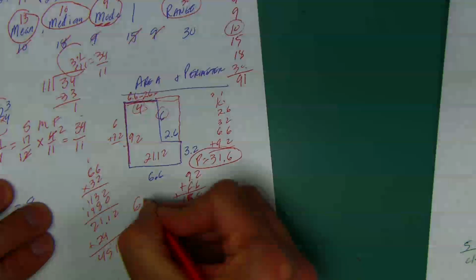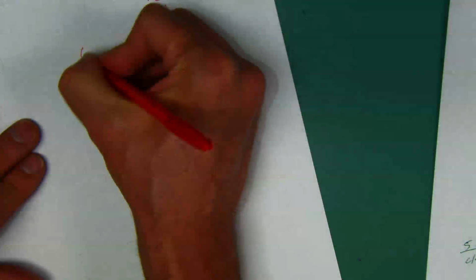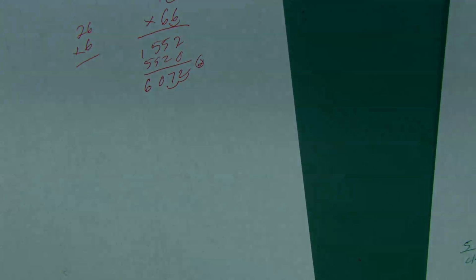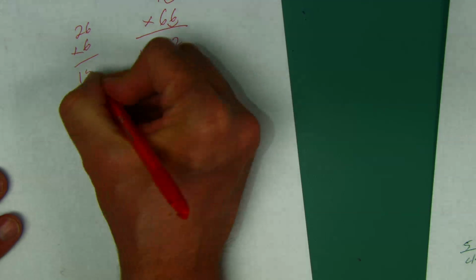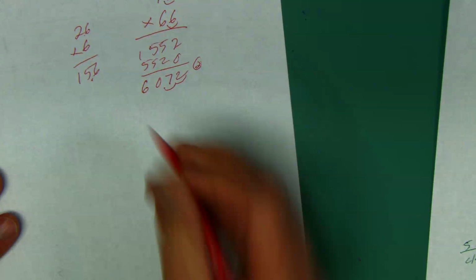60.72. And then I'm going to subtract this little part, 6 times 2.6. Now 6 times 2.6 I can do in my head because it's like 6 quarters, 6 times 25, and 6 pennies. 6 quarters is 150. 6 pennies is 6, so this is going to be 156. Okay, now I'm going to move it over because that was 2.6.